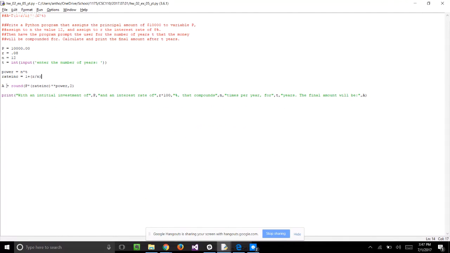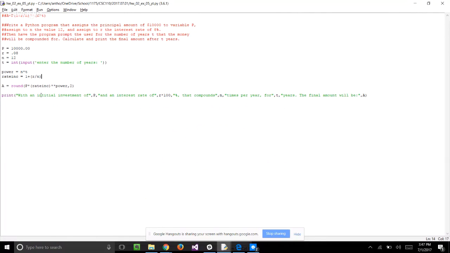Now here I have the variable a, which is set to the value of P times my rate increase to the power of n times t. And I have it set to round that to 2 to make it more of a dollar amount.